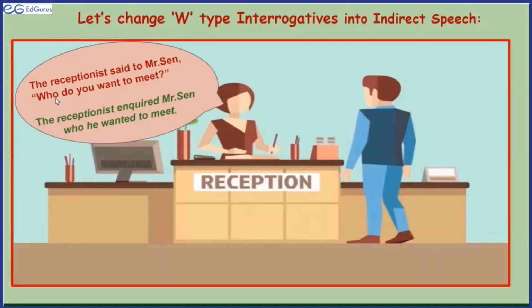Soon after who is used the helping verb do. But if it was another helping verb, this would have come after he or after you. You is changed into he, right? Because he refers to Mr. Sen. Is that clear? Yes, ma'am.